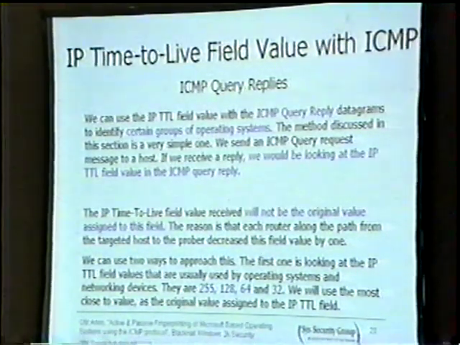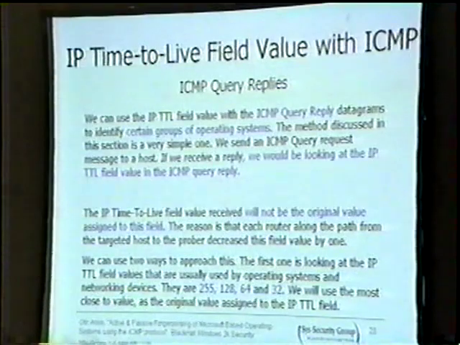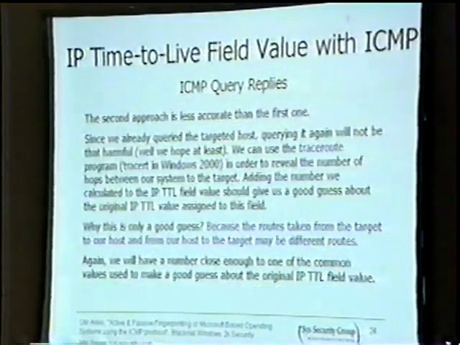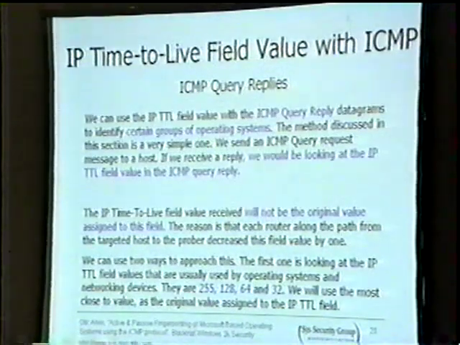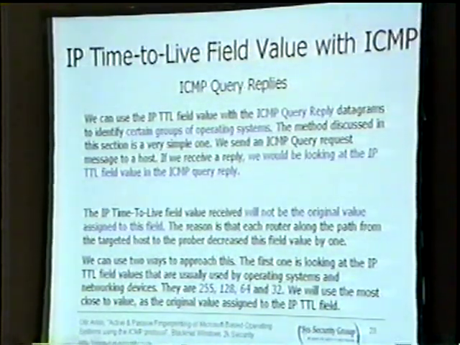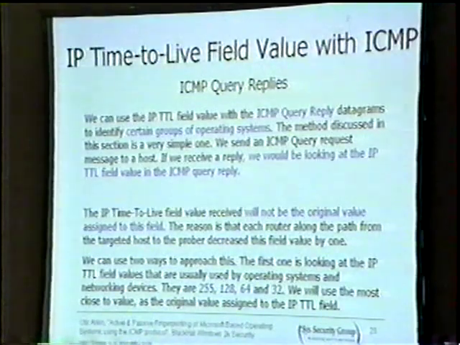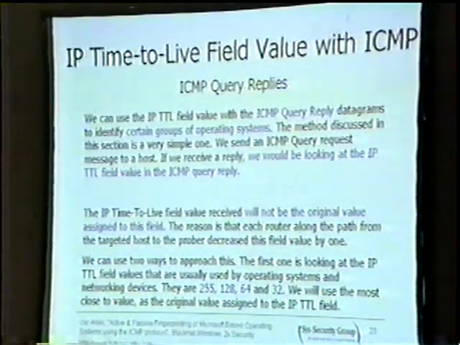So how can we guess what the initial number assigned to this value was? We have those values I stated before, and if, for example, I see 214 as the IP TTL field value, it will be a good conclusion that it was first assigned the value of 255.